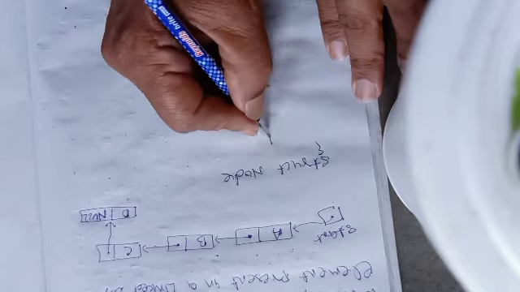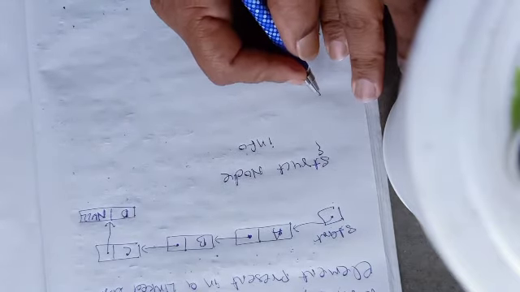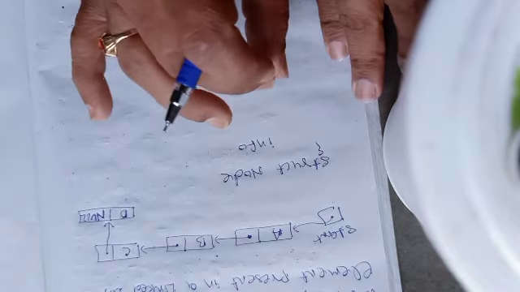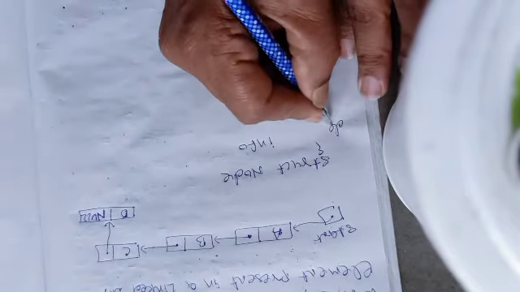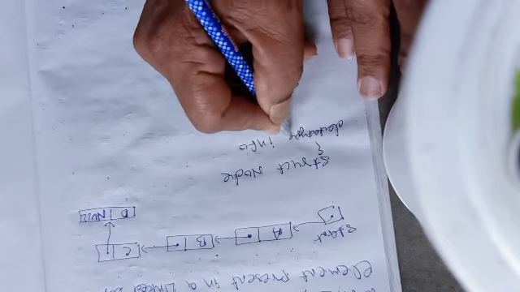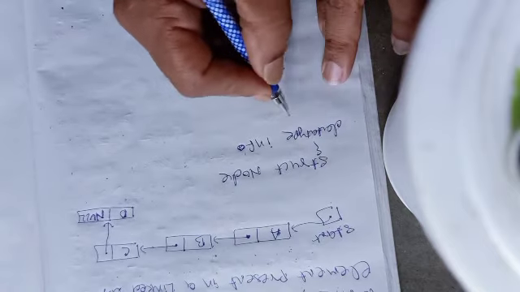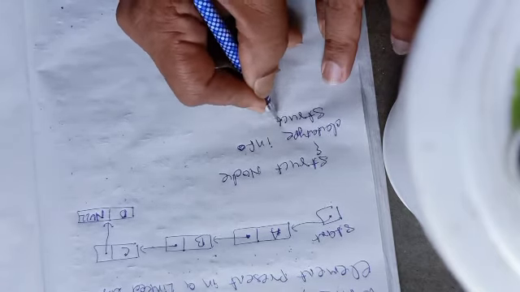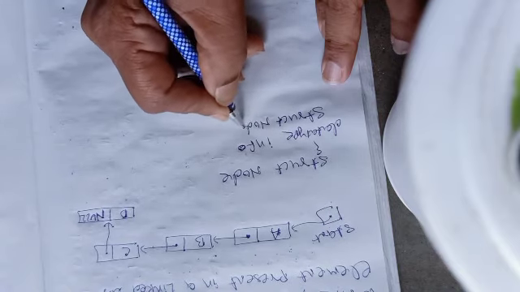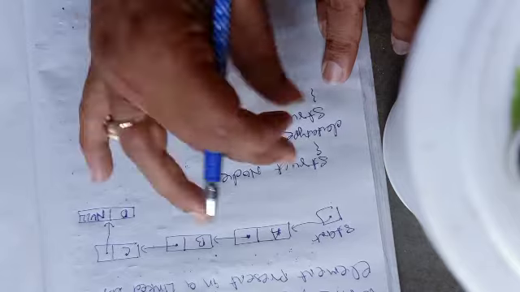But in my algorithm I am not specifying any particular data type. Rather I am just simply writing data type, then info. But there must be a link part. The data type of the link part is struct node asterisk link. So this is my node.